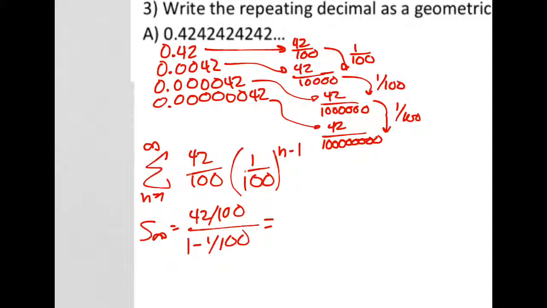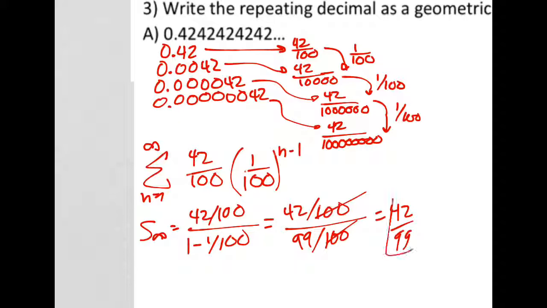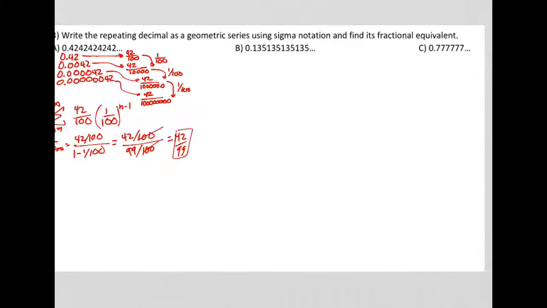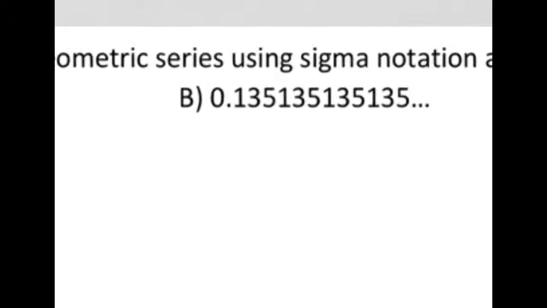And we can simplify this. 42 divided by 100 over 1 minus 1 100th is 99 100ths. And look, my 100s will cancel out, and I'll be left with 42 over 99. So 0.424242 forever is 42/99.